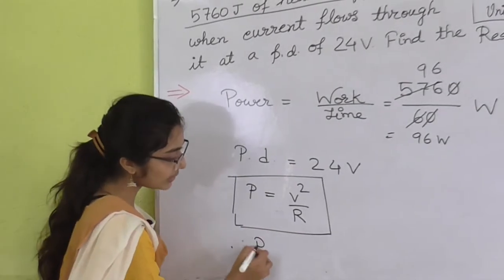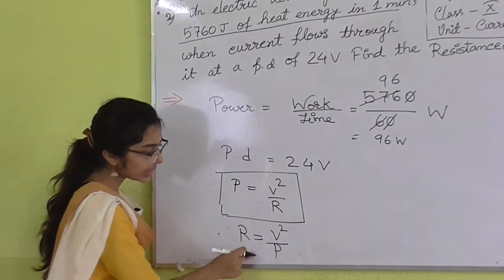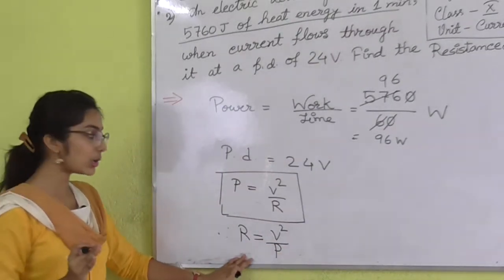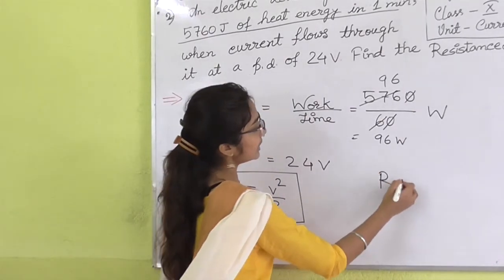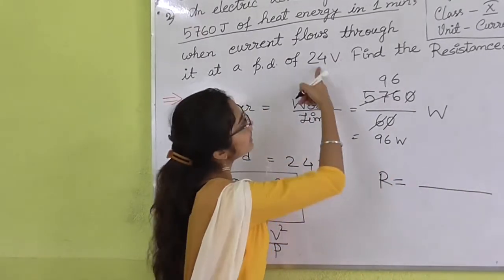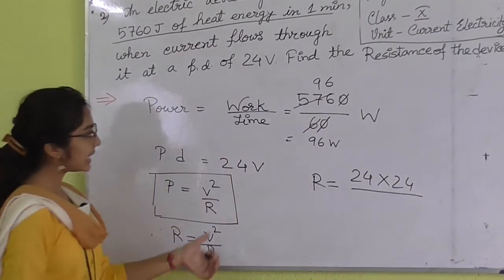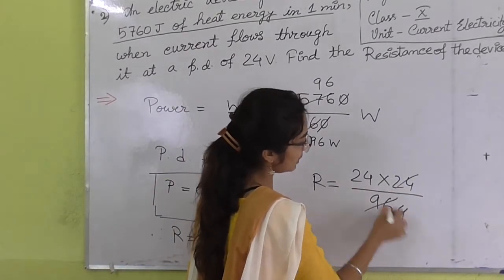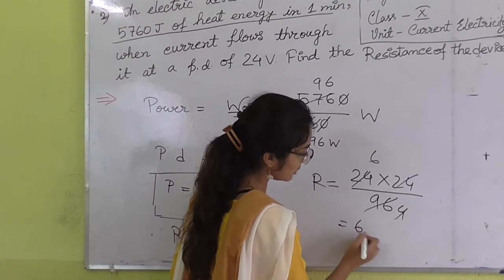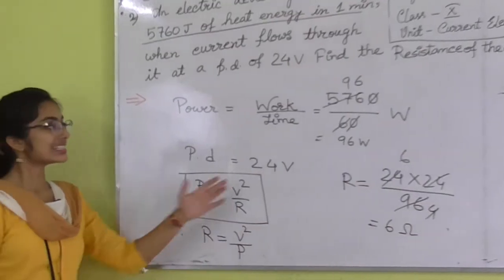So, R is equal to V square by P. The important relation: resistance is always V square by P. So, R is equal to 24 into 24 divided by 96, which gives 6. So, resistance of the electrical device is 6 ohm.